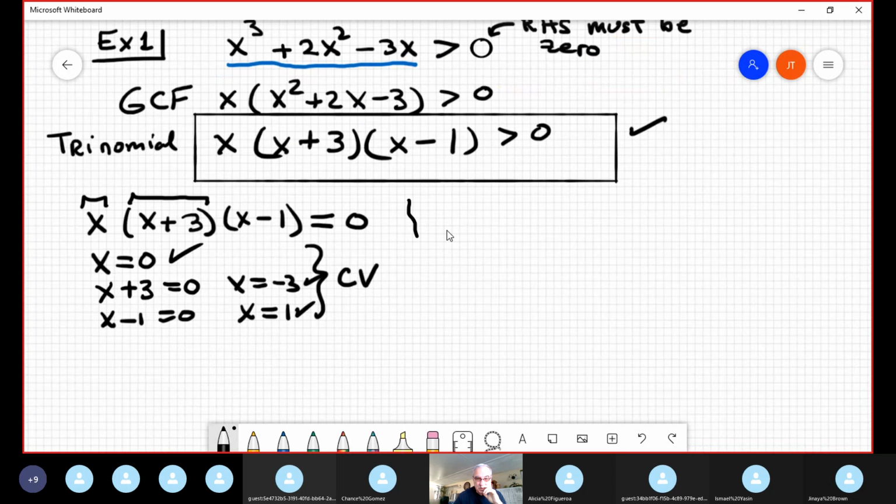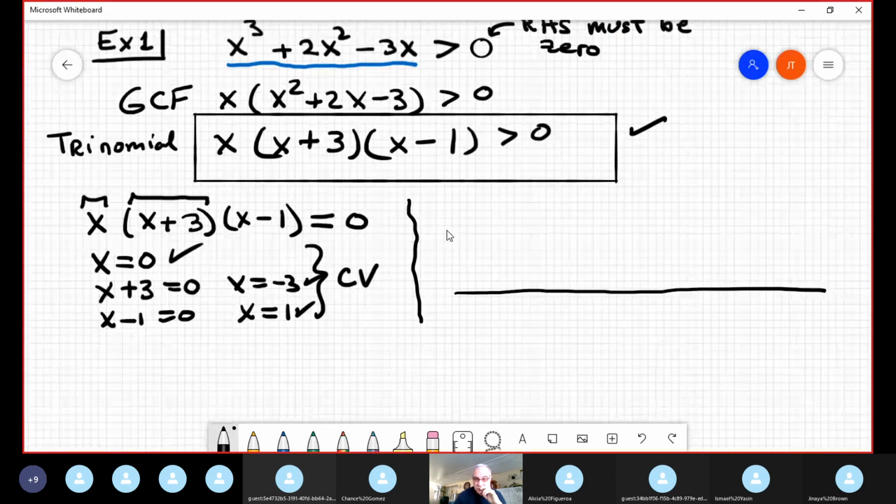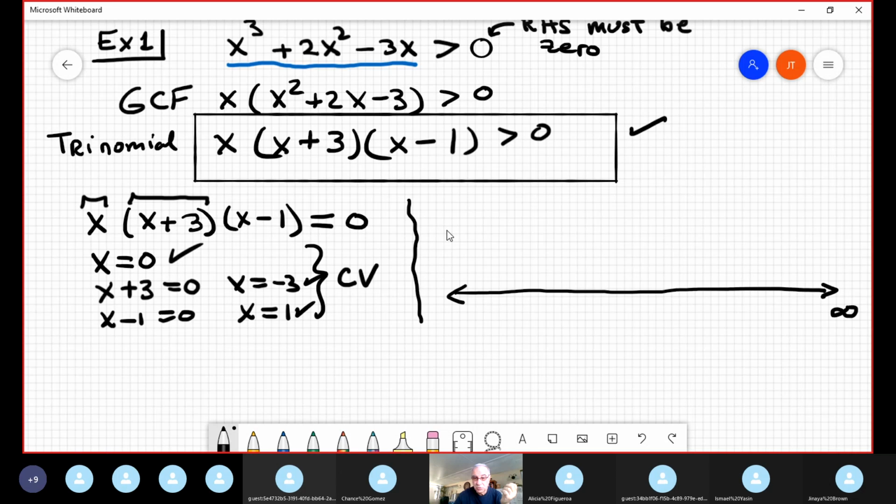Now we go to the graphic part. The method is a combination of algebra, factorization, and critical values. Using the critical values, you make a partition on the number line. This is my famous number line.